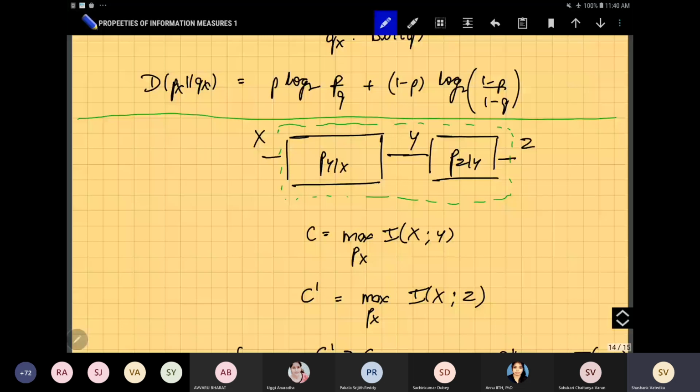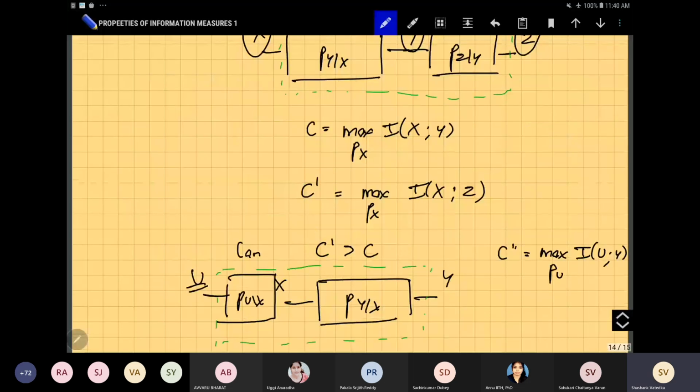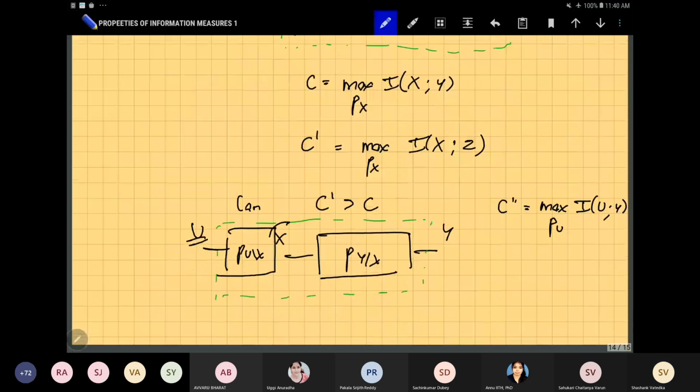So if I do some post-processing, then given Y, Z is independent of X, right? And similarly here, if I do some pre-processing at the input, then conditioned on X, Y is independent of U, right? Because X is sufficient to determine Y, irrespective of what U is.